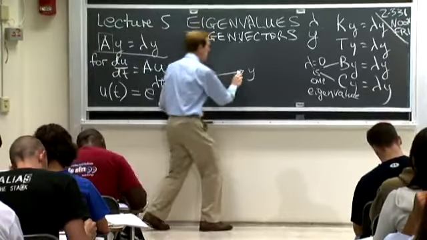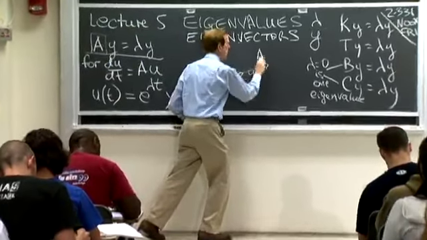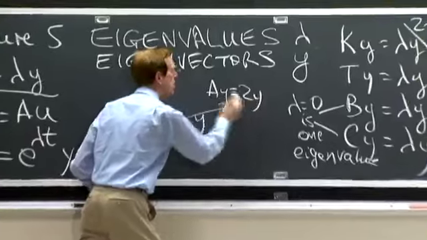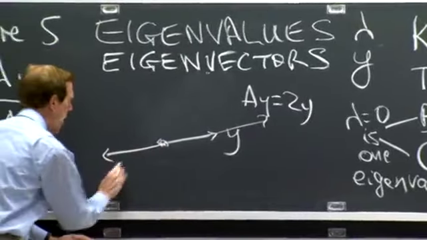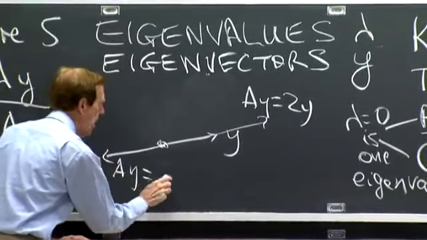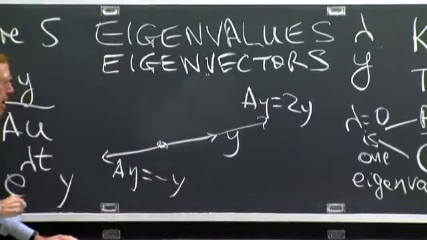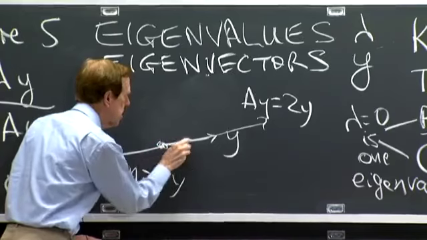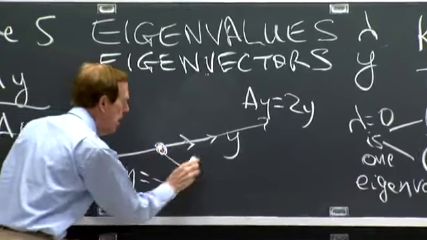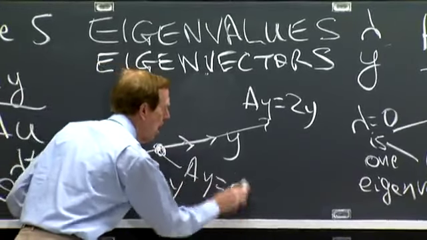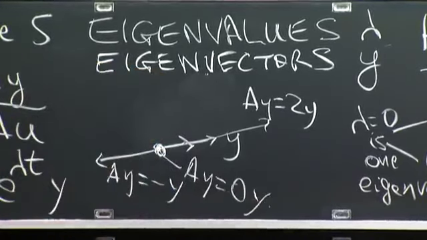It might be twice as far out. That would be Ay equals 2y. It might go backwards. That would be a possibility: Ay equals minus y. It could be just halfway. It could be not move at all. That's even a possibility: Ay equals 0y. Count that.